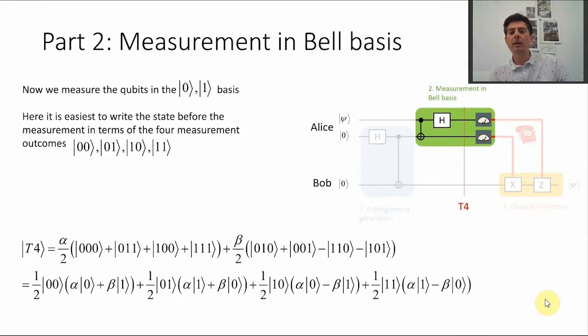Now here we're going to measure the first two qubits, and this measurement is always done in the 0, 1 basis. I think I mentioned that in the previous set of lectures. So now we measure the qubits in the 0, 1 basis, and an easy way to do this step is to write the states by collecting all the terms that you get with each measurement result.